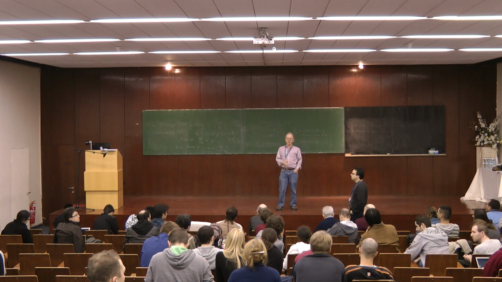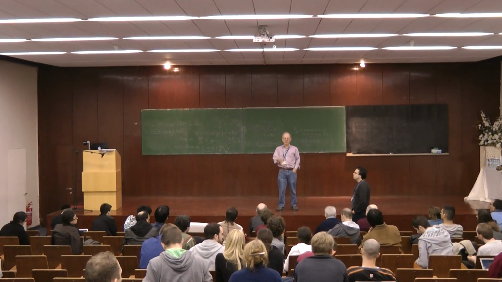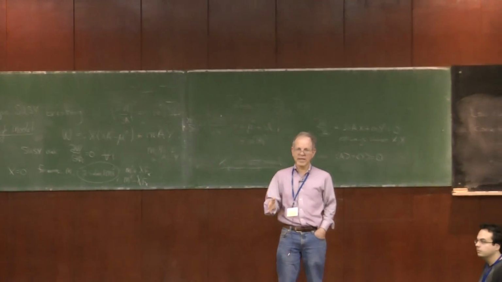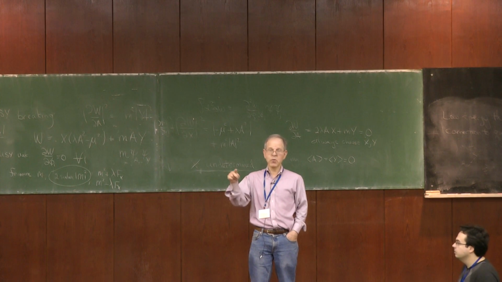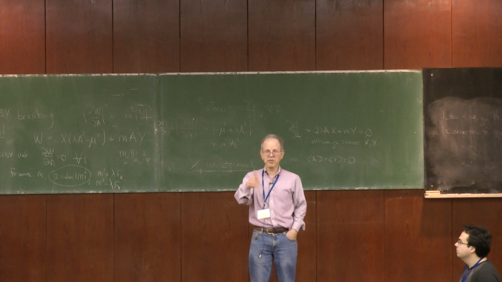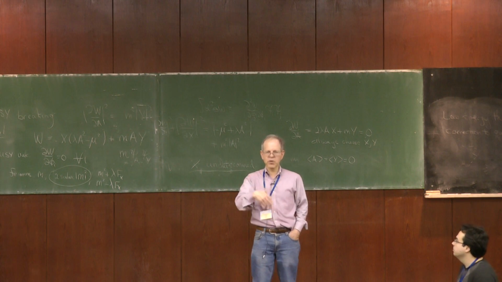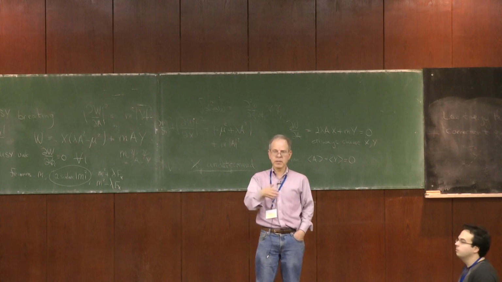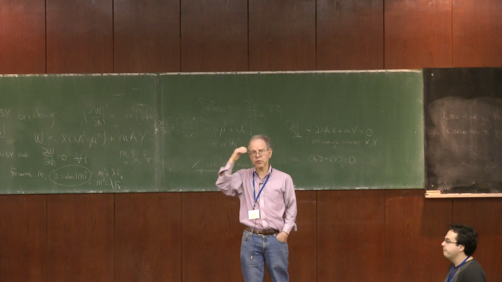People who are more skilled, younger than me and more computer literate than me, can go online, and there's a program you can use called FeynHiggs, which some of you are probably familiar with. You can plug in numbers, and it will output things like these masses, and it will include the two-loop corrections.